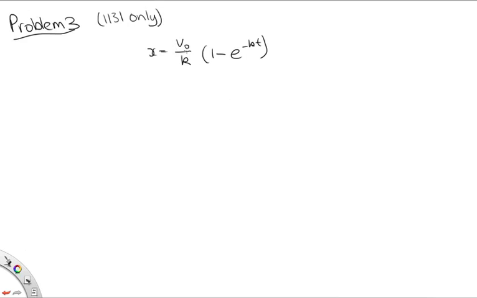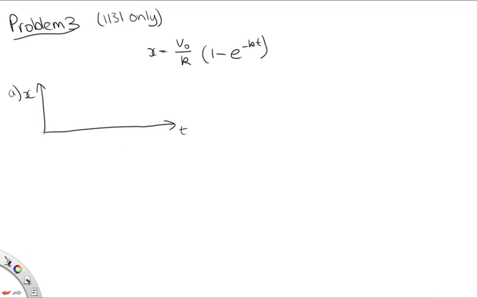And these two, v naught and k, are constants. In part A of this question, we're asked to plot a graph of this function with x along the vertical axis, so this is x, and t along the horizontal axis, t.